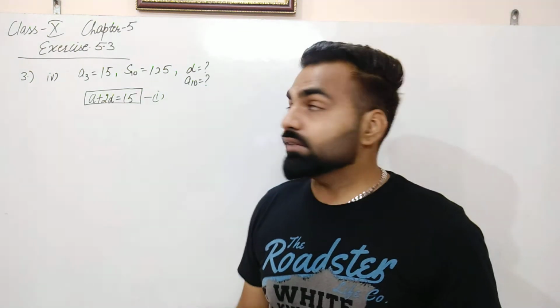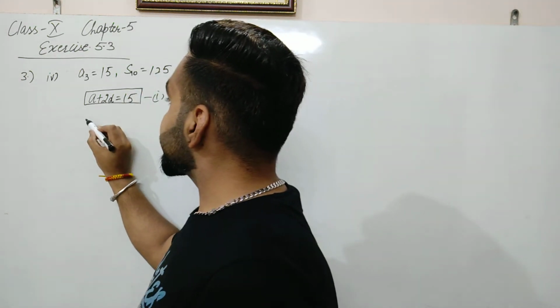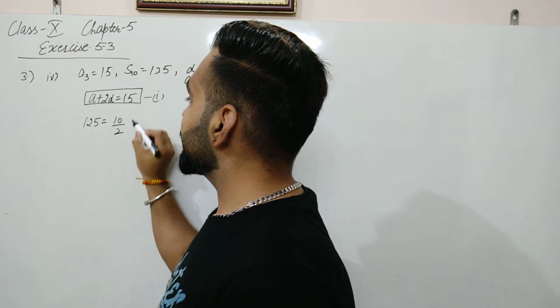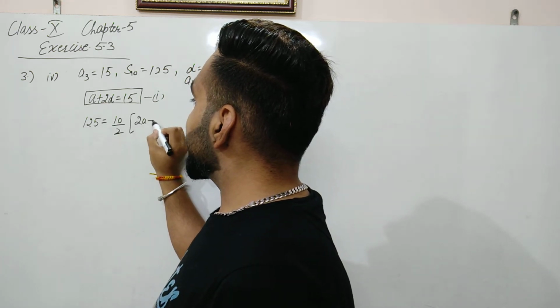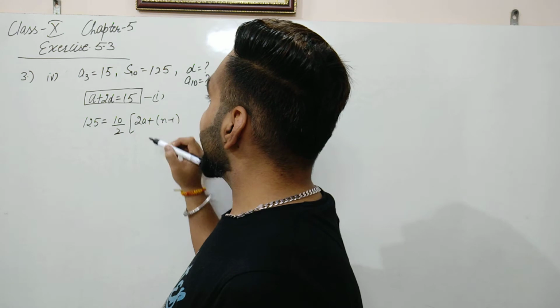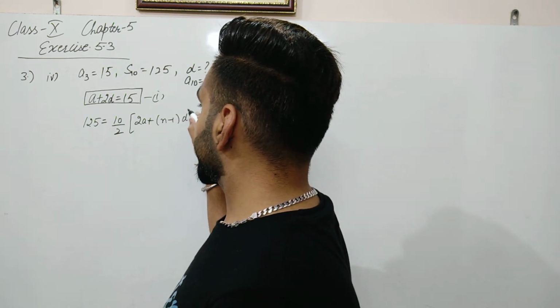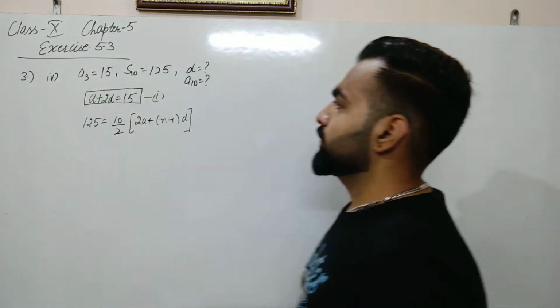Now S10 is given. Use this S10. S10 will be equal to 125, equal to n by 2, that is 10 by 2, into (2a plus (n minus 1) into d). Clear?